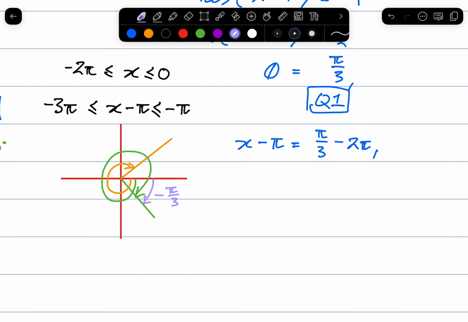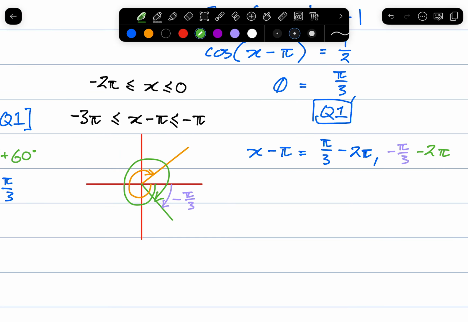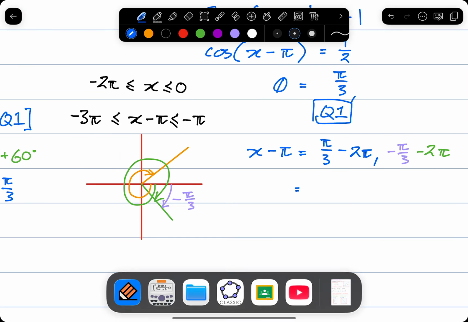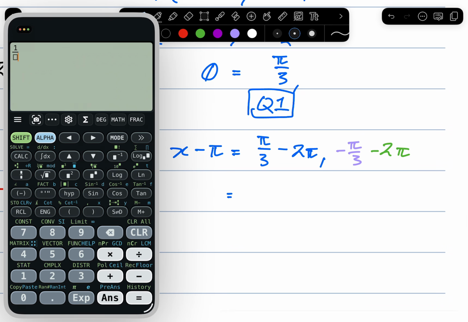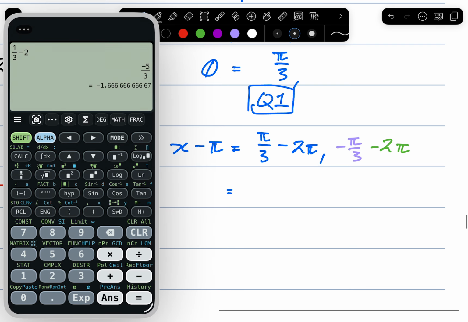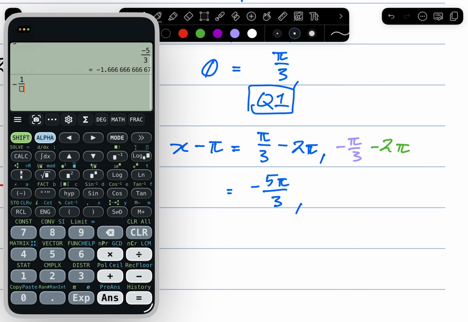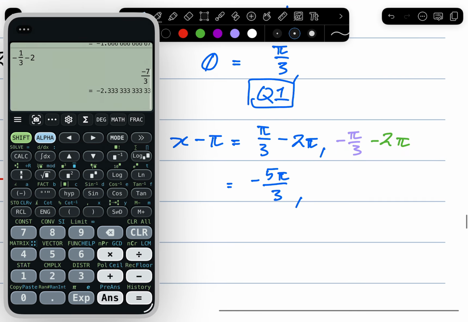So to find this angle in green, that is negative pi on 3 minus 2 pi as well. So we're looking at the previous revolution here. Writing all these in, we get 1/3 minus 2, which gives us negative 5 pi on 3, comma, and then negative 1/3 minus 2 is negative 7 pi on 3.